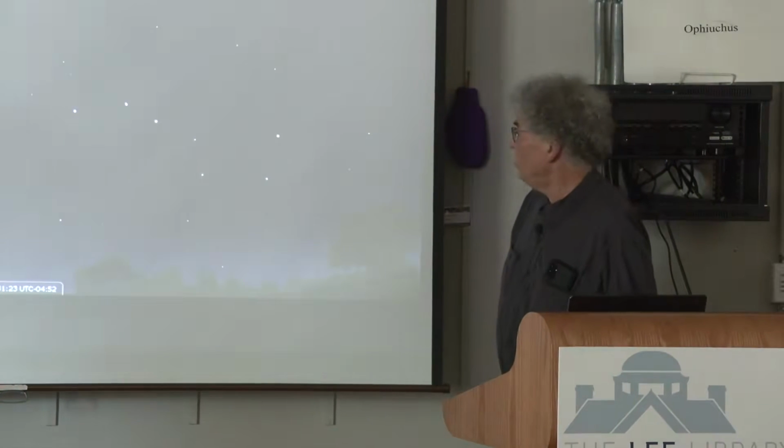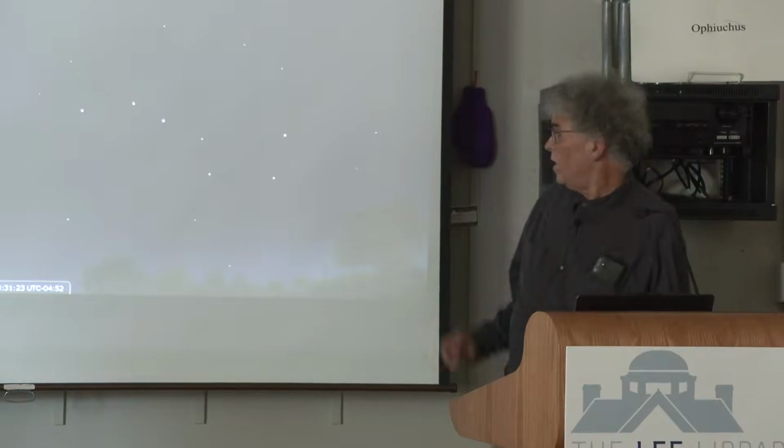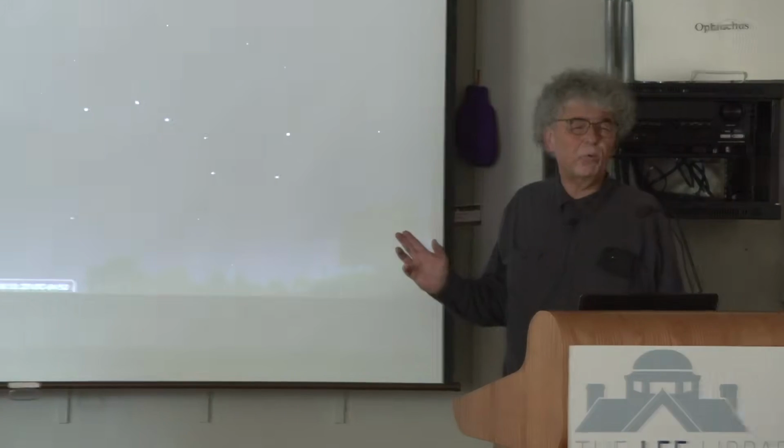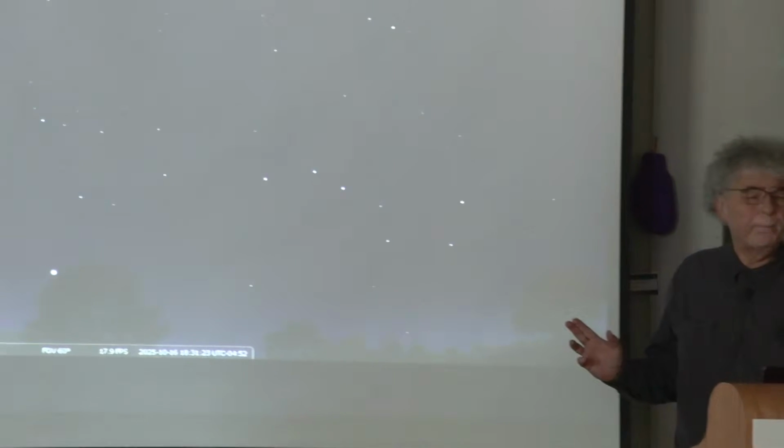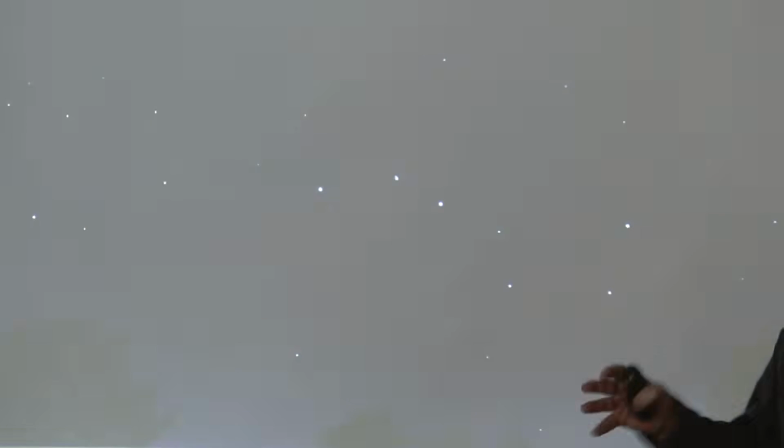So here we're looking toward the north, and we have at least one thing that probably people recognize. We've got the Big Dipper. The constellations in the north are a bit of an exception to what I just demonstrated.